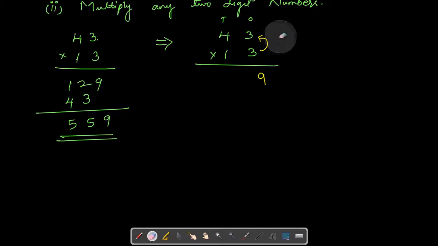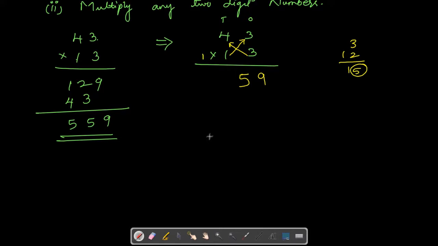In the next step, I will be doing the cross multiplication, that is 1 times 3 and 3 times 4, and add them. So 1 times 3 is 3 and 3 times 4 is 12. 3 plus 12 gives me 15. So I'll take a 5 over here and put a 1 as carry forward.